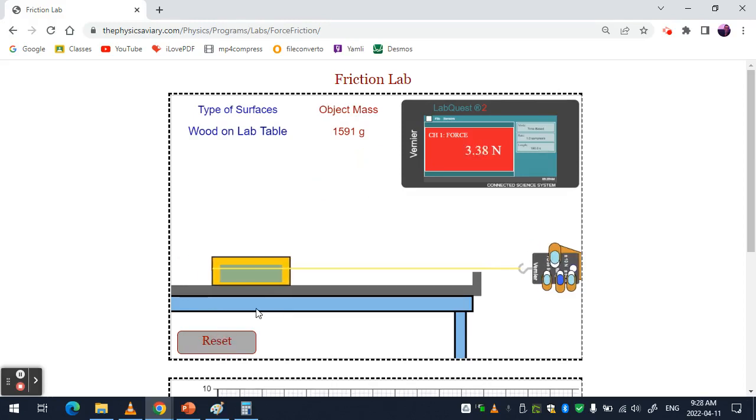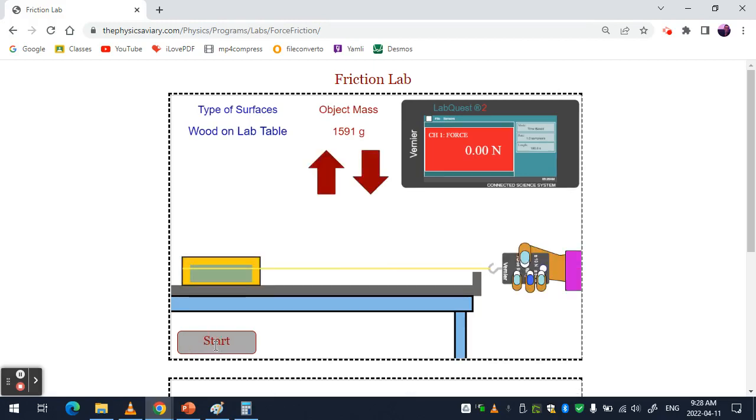Okay, I'll tell you why. What did we say? Which one needs more force, static or kinetic? Which means once you start something moving, do you need to keep that high force or can you go low?